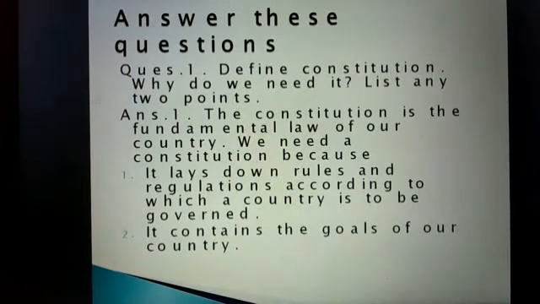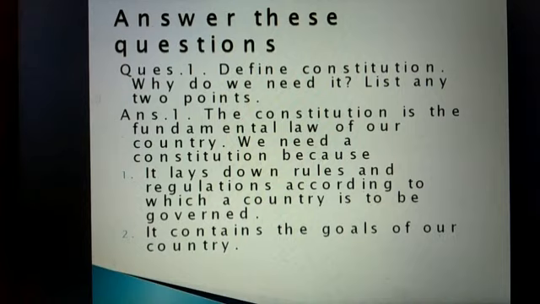Now let's answer these questions. Question number 1. Define Constitution. Why do we need it? List any 2 points. Answer number 1. The Constitution is the fundamental law of our country.